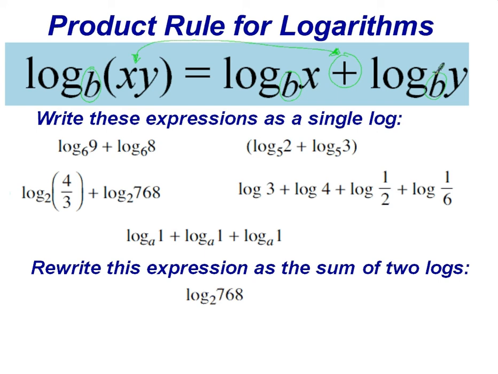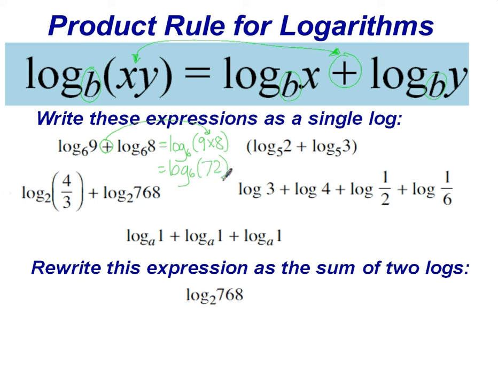Okay, welcome back. So now you've tried each question, so I'm going to go through the answers with you. For this first one, we have that plus sign on the outside of two logarithms, so it's going to become a multiplication on the inside. So 9 times 8, there's that plus sign becoming a multiplication, and so that equals log base 6 of 72.